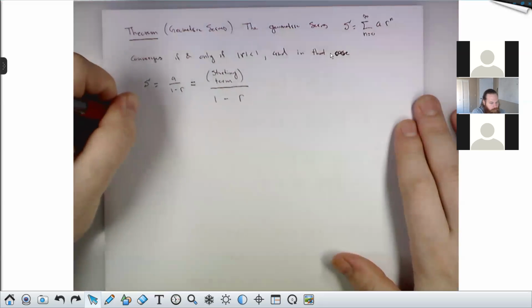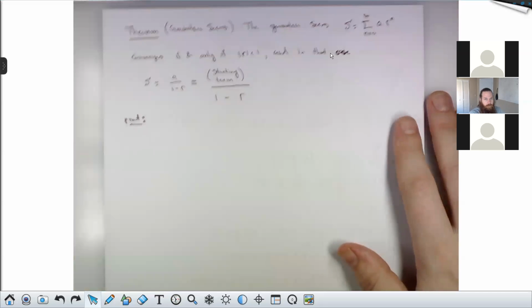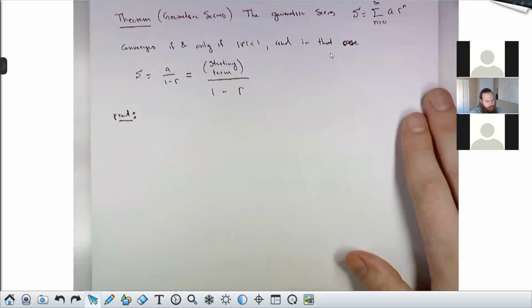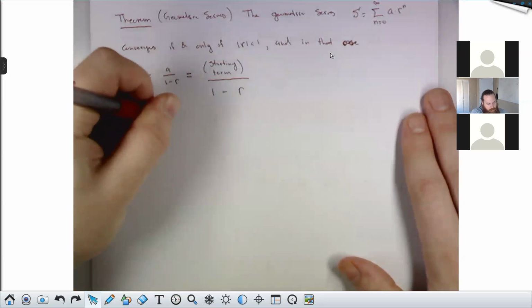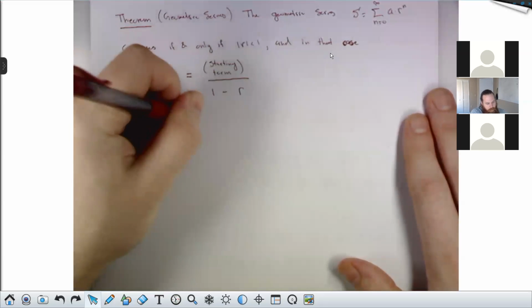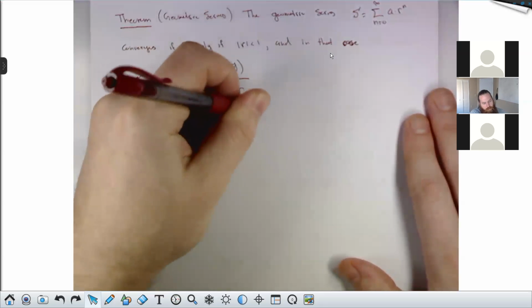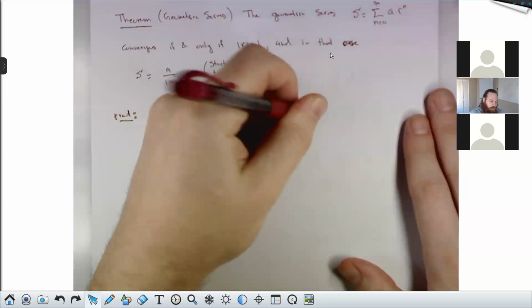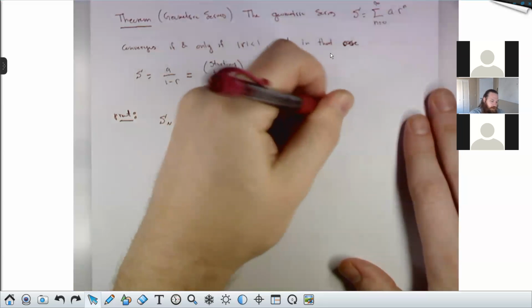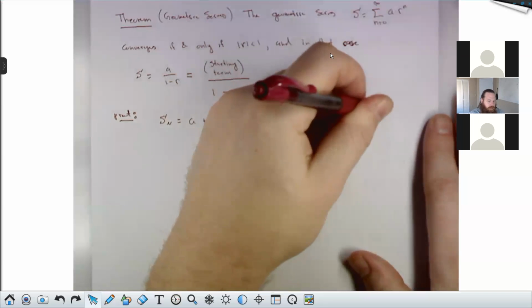The proof, this is one of the few times we'll be able to prove directly what happens with a type of series, is that S_N here is a plus ar plus ar squared plus ar cubed plus, the second to last term is ar to the n minus 1, and the last term is ar to the n.